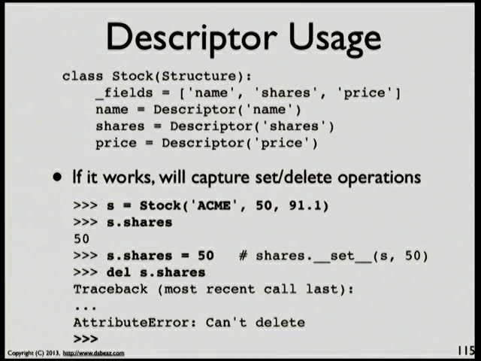Now, this is where this is going to start to get interesting. The way that you would start using a descriptor is like this. You would say, I'm going to have stock structure, maybe some fields, and then I'm going to start declaring things like name, shares, price, all to be descriptors. I'm basically going to define them as descriptors. Now, there's a pretty good chance that you've seen stuff like this before.